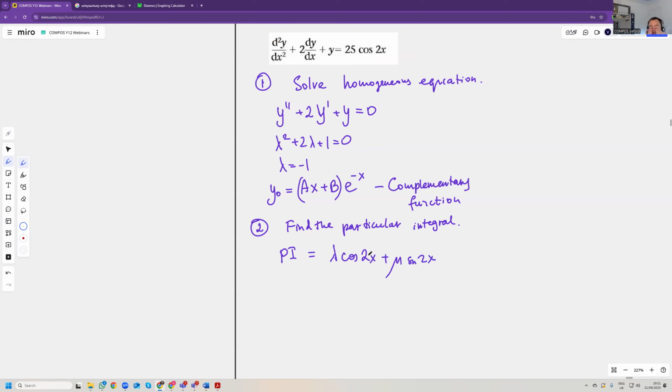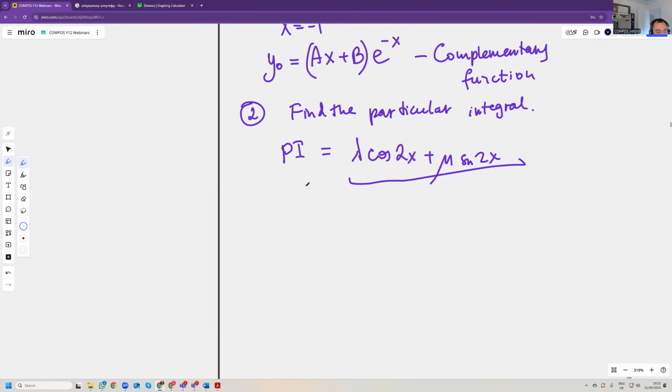The particular integral is one of the solutions to that equation, and you obtain it by substituting this value. So we search for a particular integral in this form, where lambda and mu are to be found.